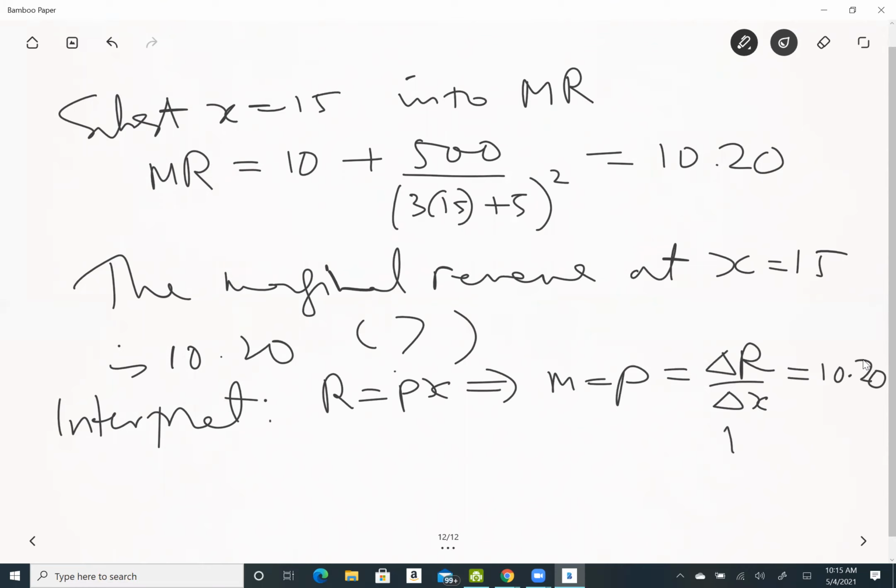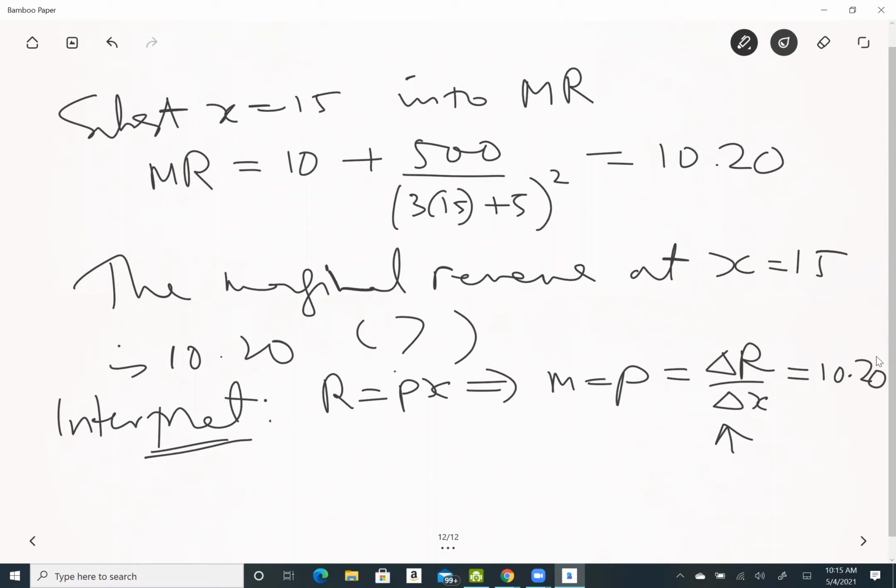So given this, for the linear function, how do you interpret the marginal revenue? Anybody still remember how? If the quantity increased by 1 unit, the revenue will go up by 10.2 unit.